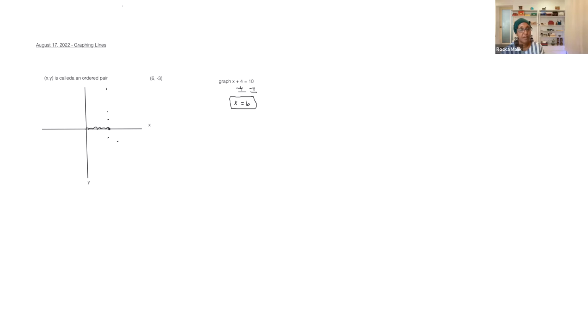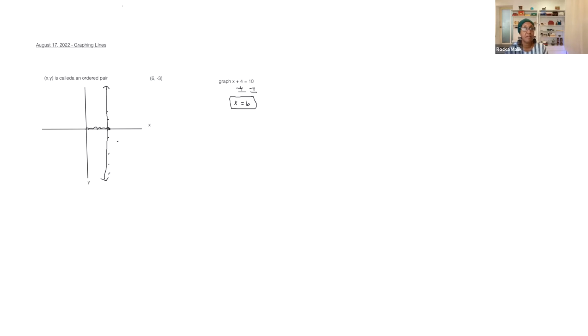Because all I care about is that my X was 6. So if I were to connect these, that's my line. That is x equals 6. And I don't care about the value of y. I just concern myself with x is 6.